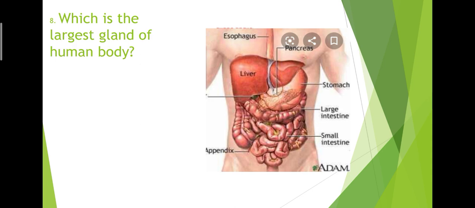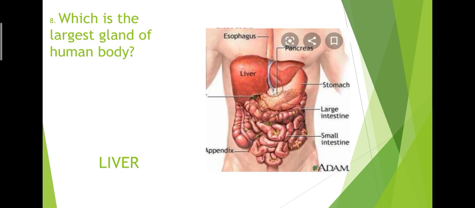So now let's talk about the largest gland of the human body. Children, in the picture also, if you see, there is a red colored gland and its name is liver. Yes, children, the liver is the largest gland of the human body and its weight is approximately 1 to 2 kgs.